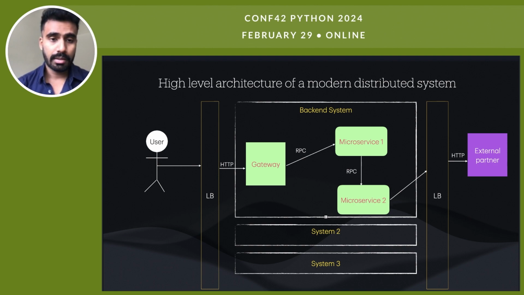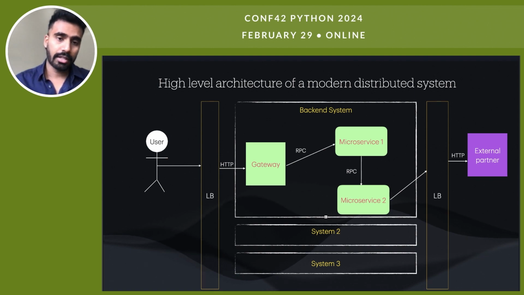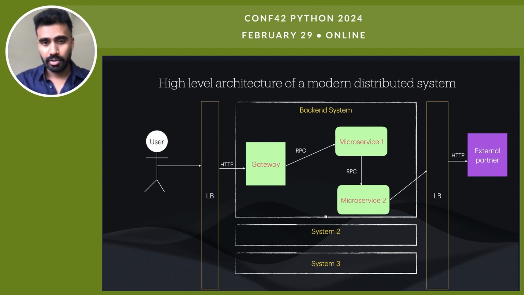But RPC is a protocol which is used only within the backend system, within the services. As you can see here, microservice 1 calls microservice 2 with an RPC, and the gateway calls microservice 1 with an RPC, because they are within a particular backend server. And why? Because RPC is highly secure, and RPC is a remote procedure call, obviously, and it is more about invoking a function from one service to another service.